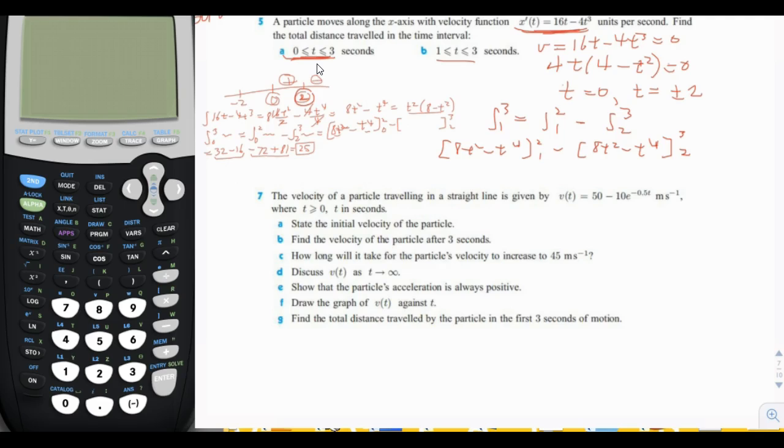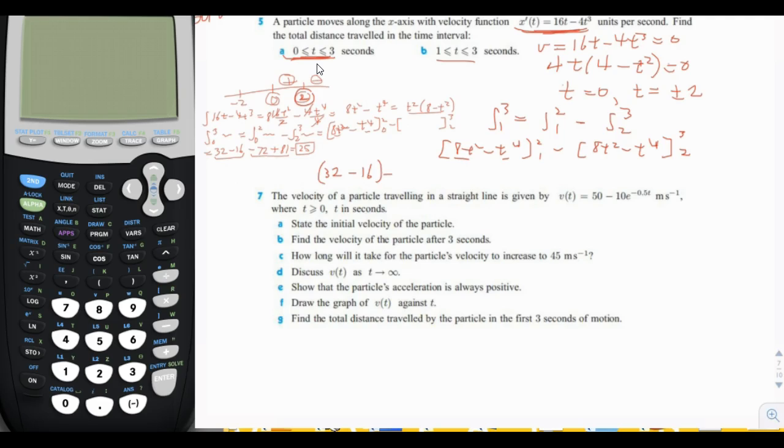Okay, so if you put 2 in for that, you get 32. And then if you put 2 in for this, you get 16.